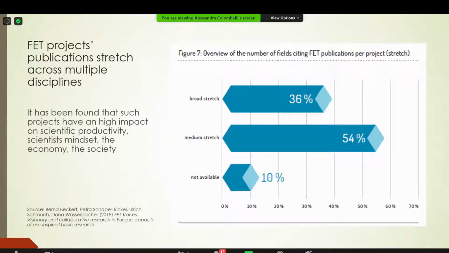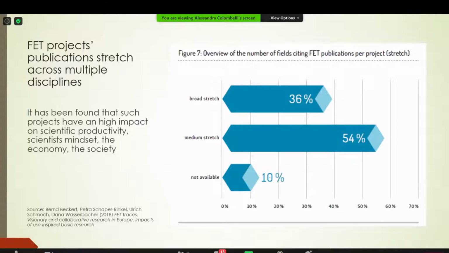But an important result is that this kind of project is important in terms of interdisciplinary impact. It has been found that these projects stretch across multiple disciplines.